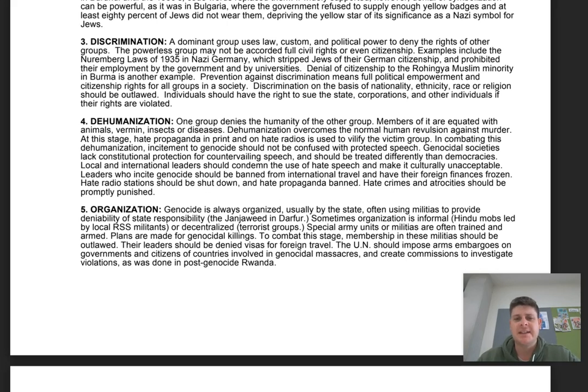We're starting to see decentralization, right, with terrorist groups that are created. They can be informal or they can actually be sanctioned by the state. This is a big problem because we're seeing the power condense in a certain area, and now that power, if we follow down the stages of genocide, will essentially empower these groups to exterminate the people who are already dehumanized and discriminated against.